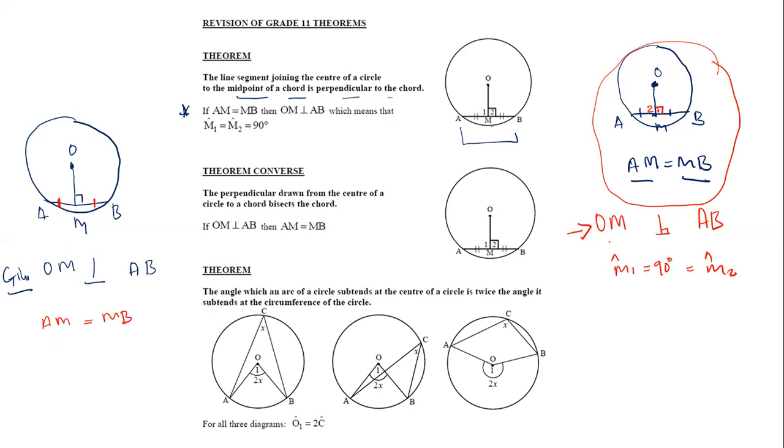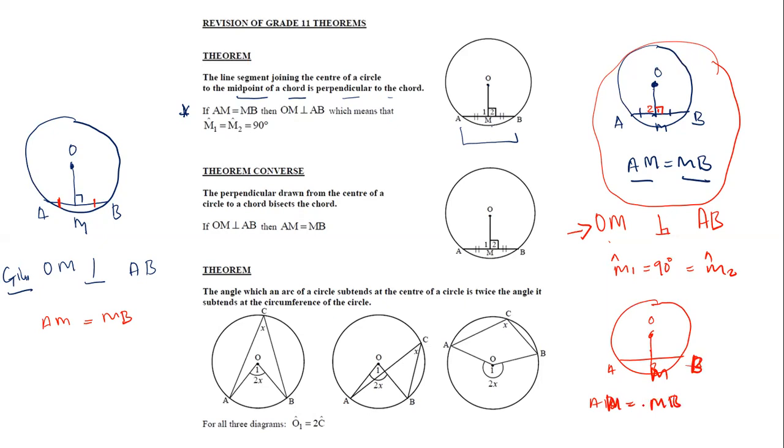But actually, what does the theorem say? The theorem says if you are given the circle, center, chord, line from center, let's call this A, B, O, and M. Here, this is the theorem. What are you going to be given? You are going to be given that AM is equal to MB.